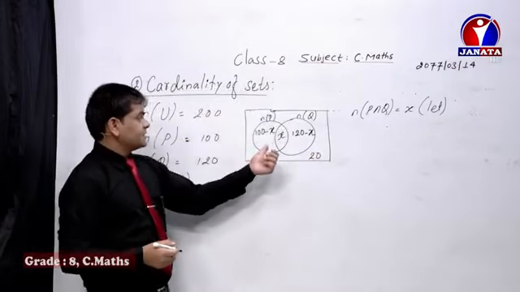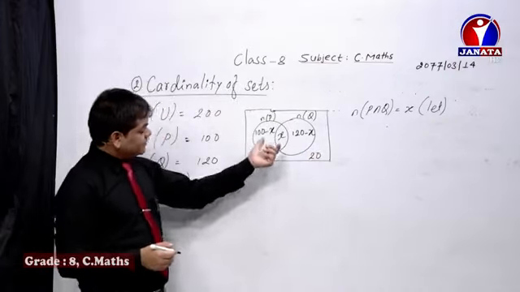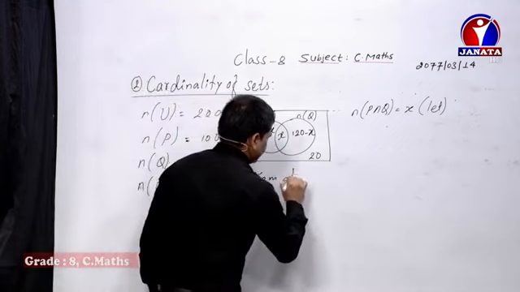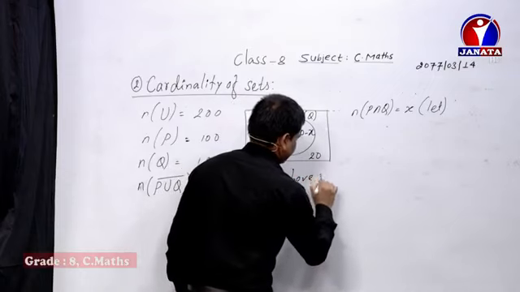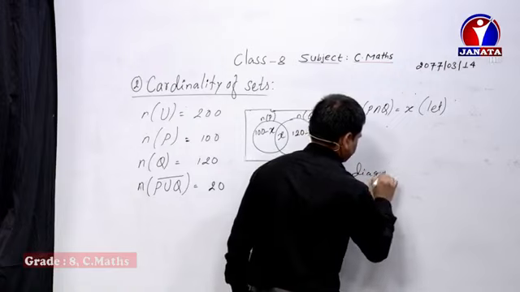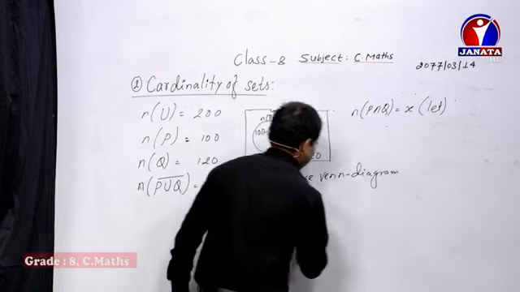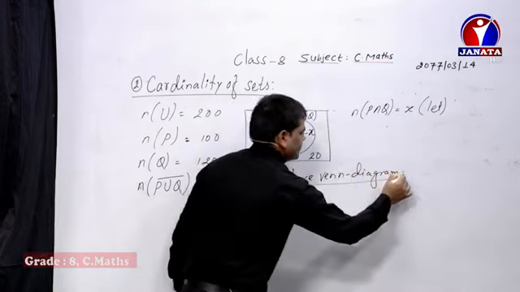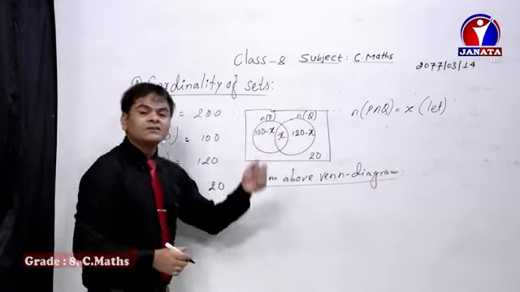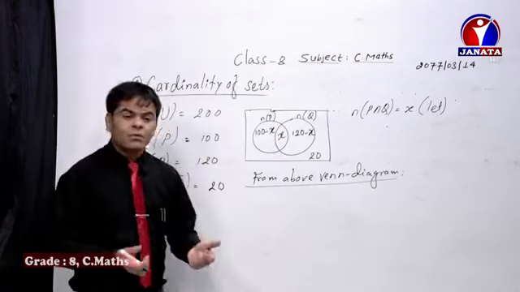Now, dear students, after representing the information in the Venn diagram, write just one sentence: from the above Venn diagram, underline it. Then add the value contained in the whole rectangle.